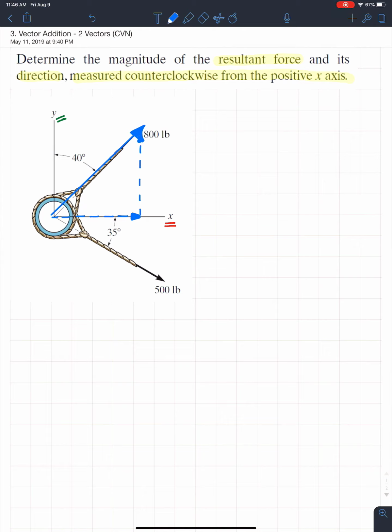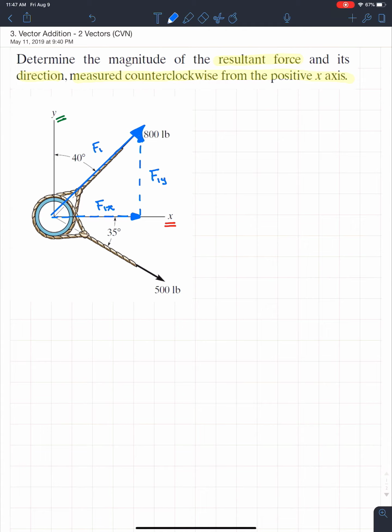It's kind of hard to write 800 with the little x at the bottom, so I'm just going to call this vector right here F1 to make it real simple. So this vertical one is going to be F1 y, the y component, and the horizontal vector is going to be F1 x. So we've already split it into two vectors.